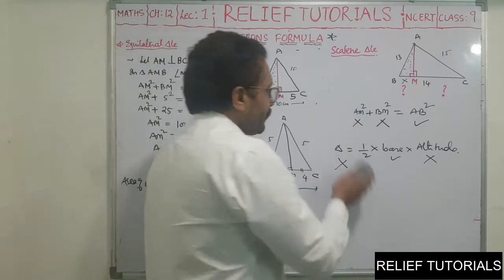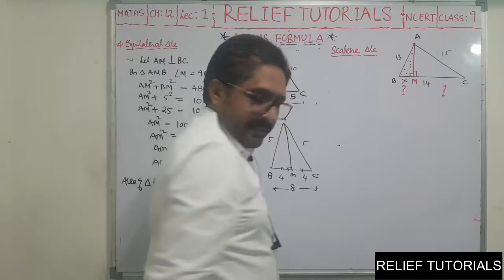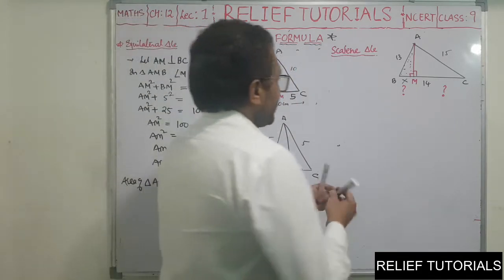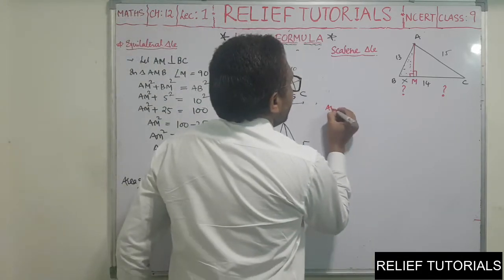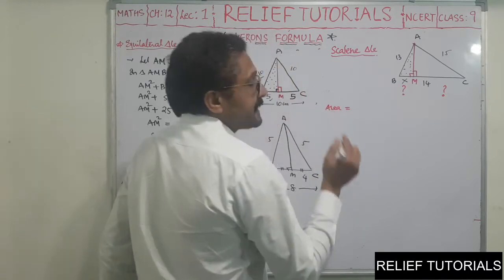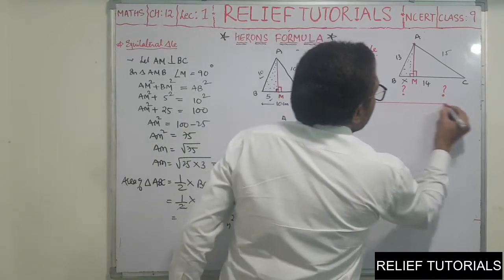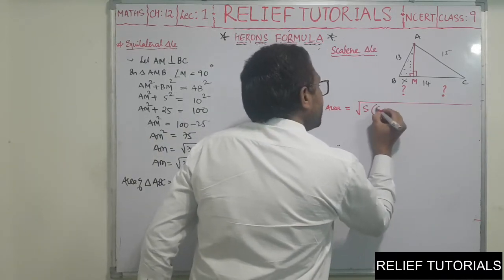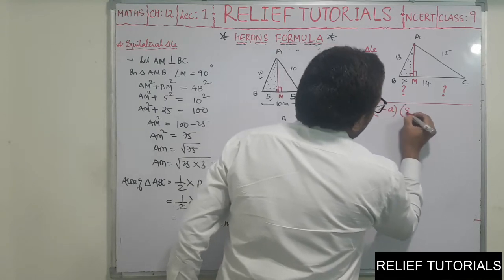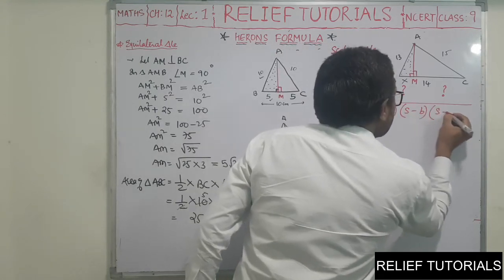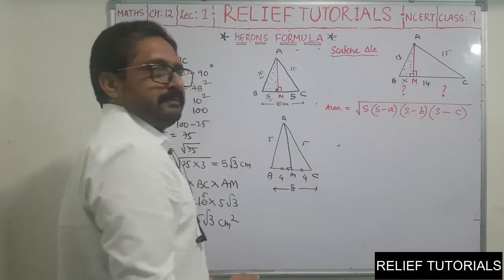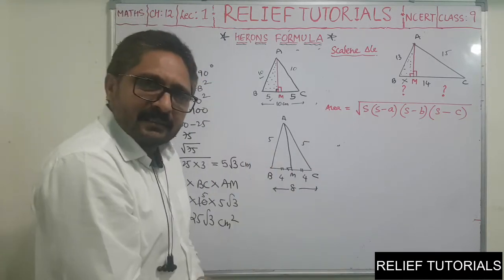And he gave the formula to find the area, and that formula is, here see, area when measures of three sides are given is under root of S into S minus A, S minus B, S minus C. Okay, question arises.